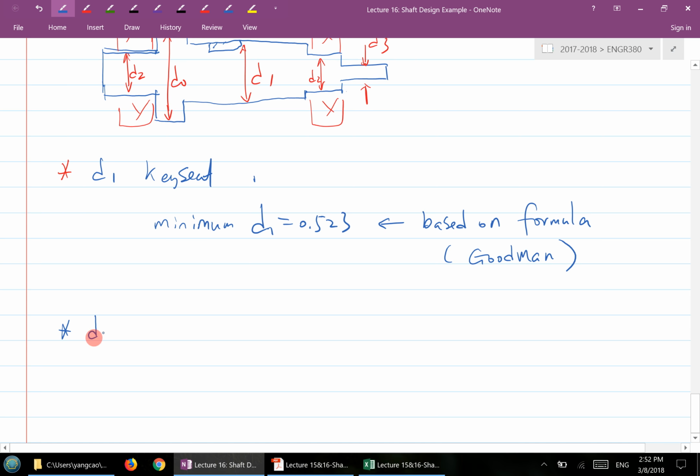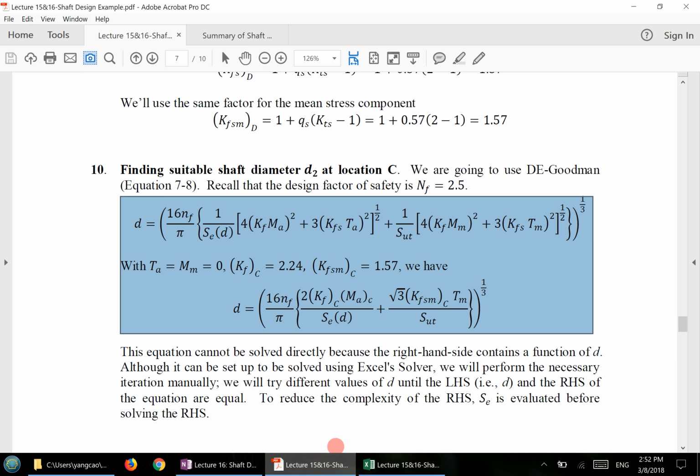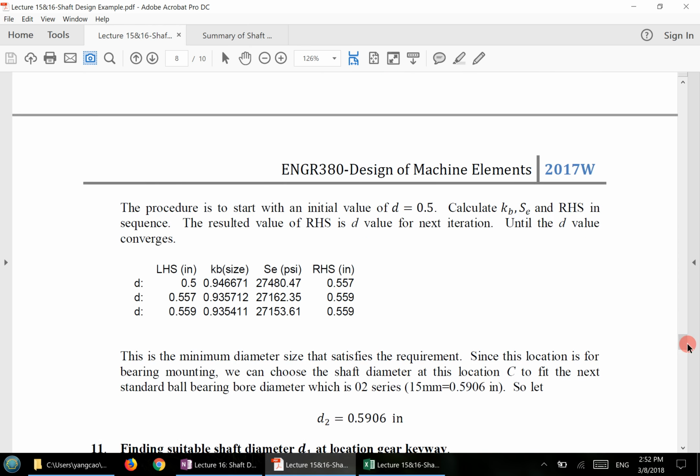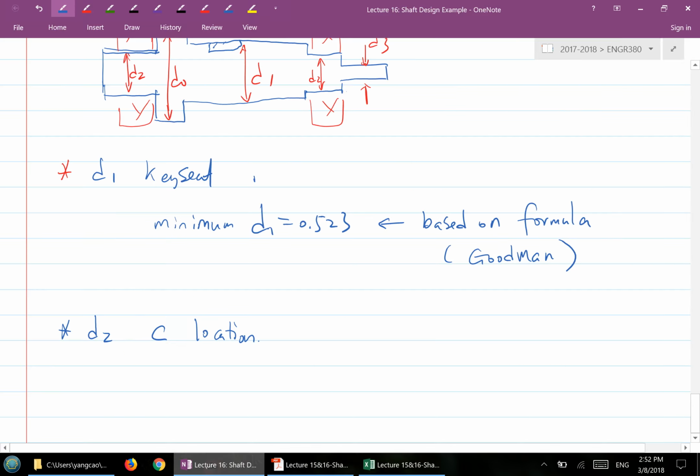Let's look at the theoretical calculation for the D2 location. So D2 is the C location. The minimum number calculated, as you can see here, is 0.559.